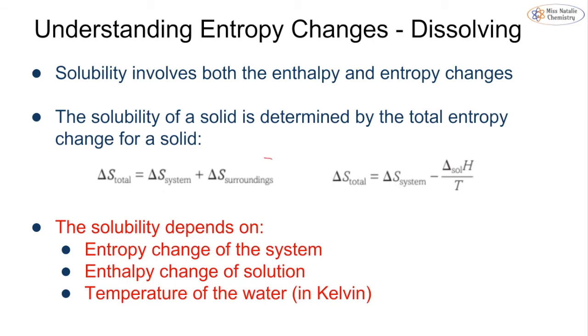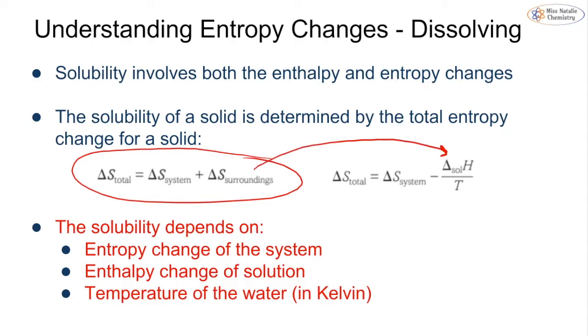So we're using our total entropy equation, but we're swapping out our surroundings for our enthalpy of solution over our temperature. So we're just expanding on that, linking the fact that solubility depends on these three factors. So we can then look at an example.